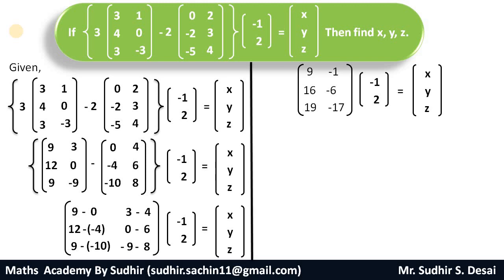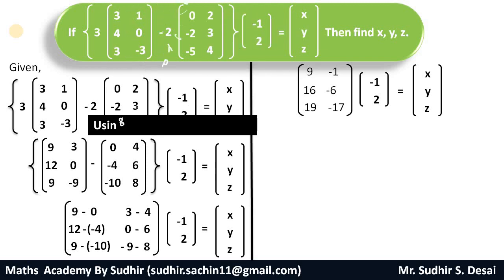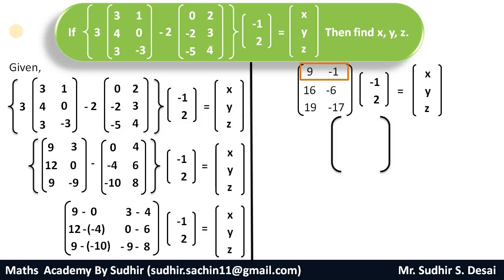Now here we have to take the multiplication of two matrices. And how to take the multiplication of two matrices? Using the row by column method. That is, first row of the matrix is multiplied to columns of the second matrix. So first row is 9, minus 1, it should be multiplied to the first column of the second matrix, minus 1, 2.